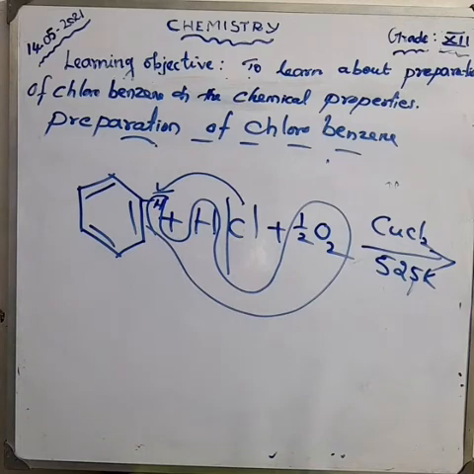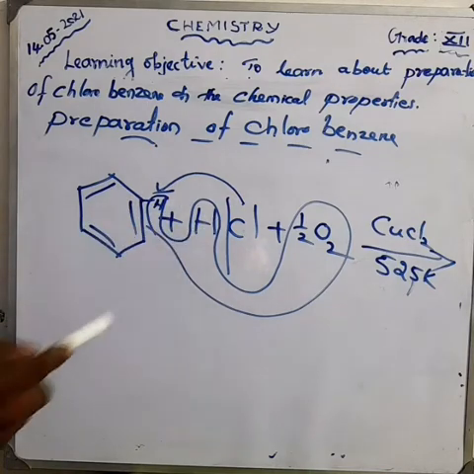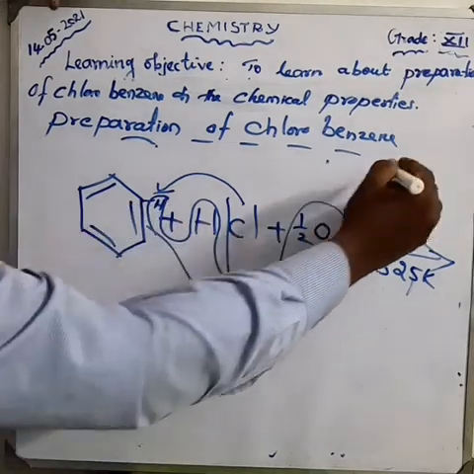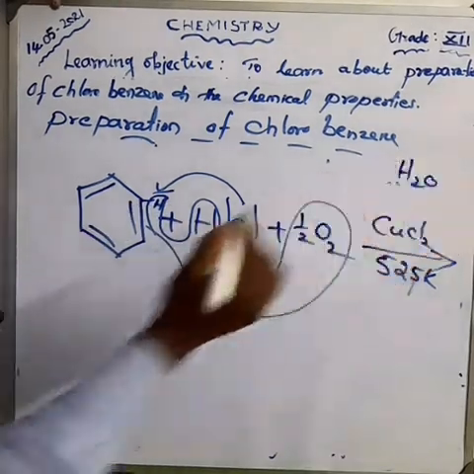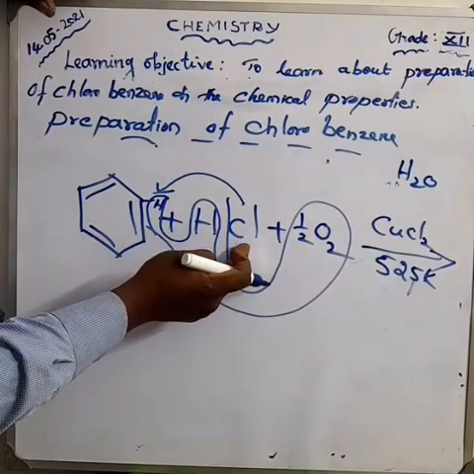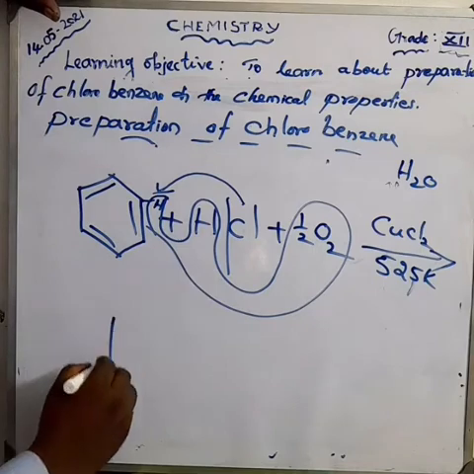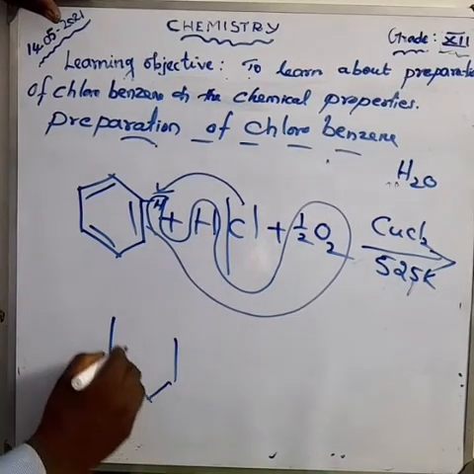From the benzene ring one hydrogen, and from hydrochloric acid another, these two hydrogens combine with oxygen, and we get H2O. So the chlorine atom can easily attach to the benzene ring. What is our expected product?